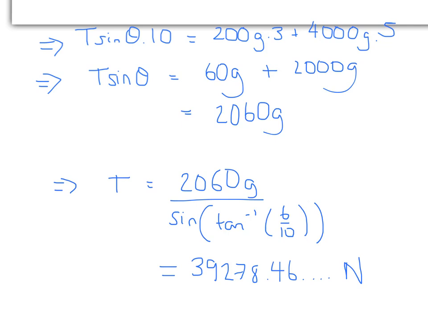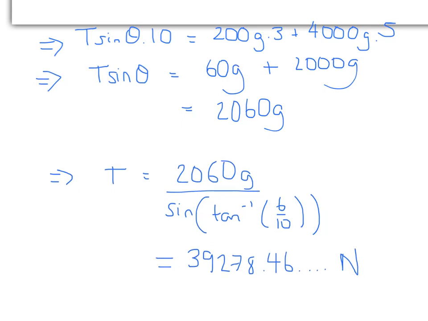So let's have a look at how many significant figures we should be using here. So in the original problem, you were given the masses were 200 and 4,000, which you could argue are 3 and 4 significant figures, so they're not going to be the limiting factor here. So the limiting factor is going to be the lengths that were given, and this 6 here is given to one significant figure.